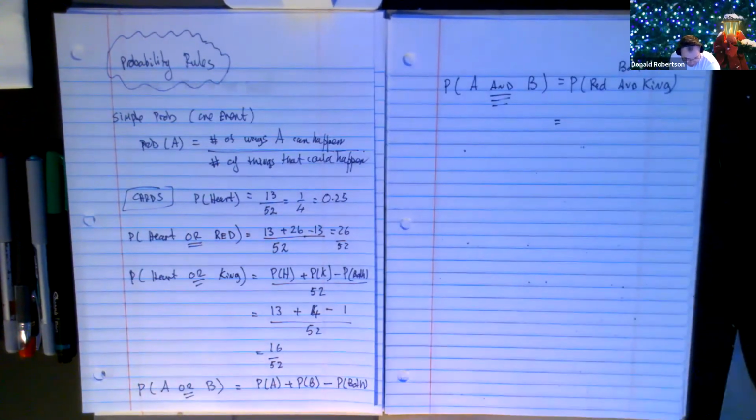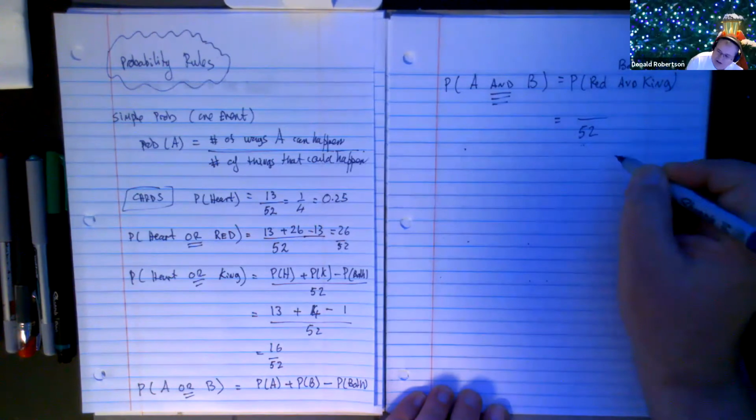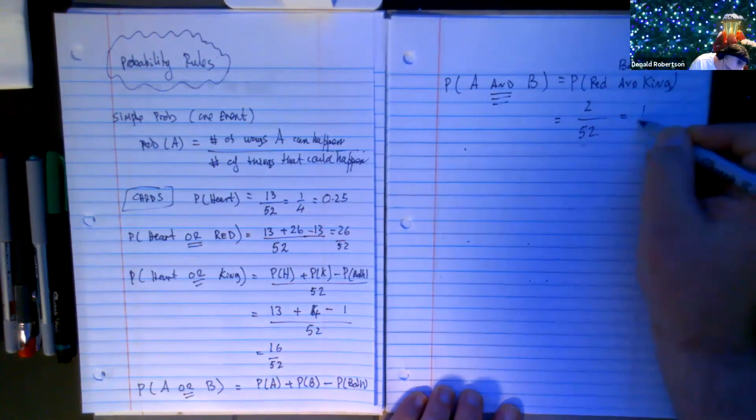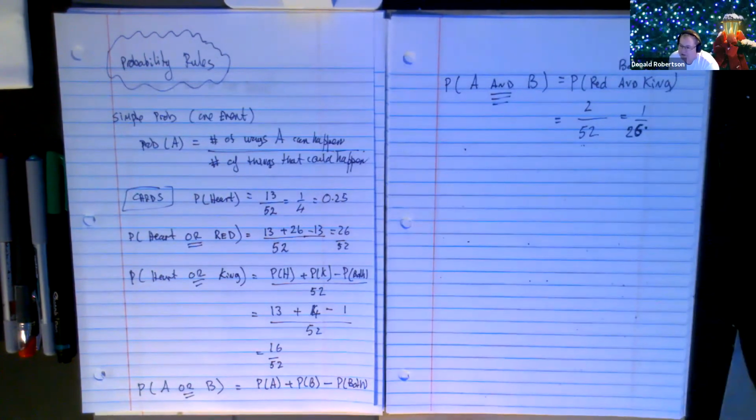What's the chances that it's both red, it's a red king? Well, there's 52, and of all the kings, only 2 of them are red. So 2 out of 52, which is 1 out of 26. And the rule for and is easy. What's the probability that you get both things?